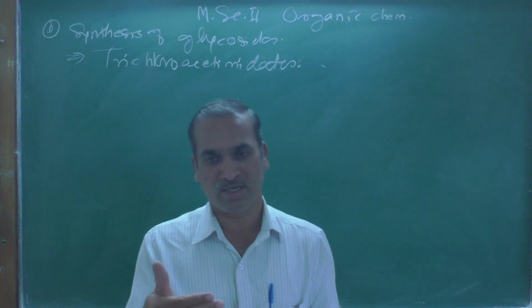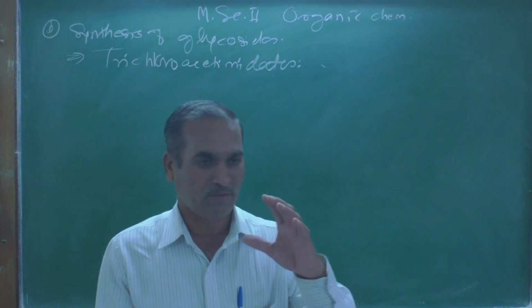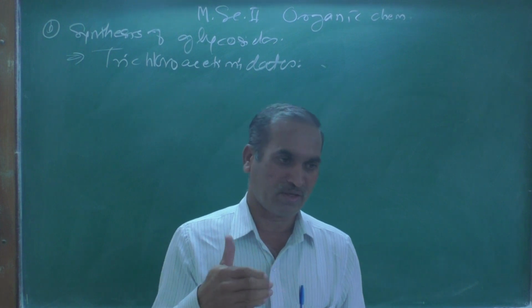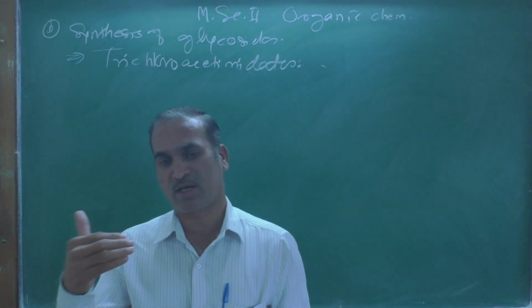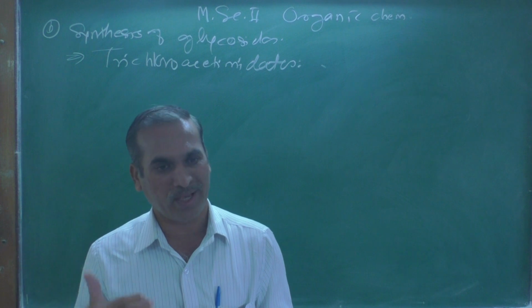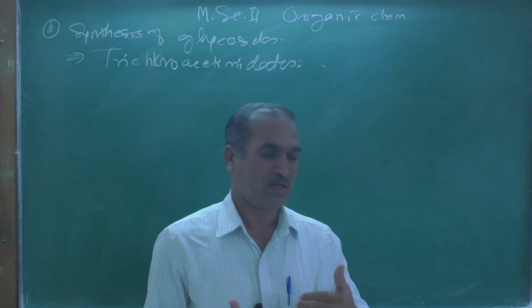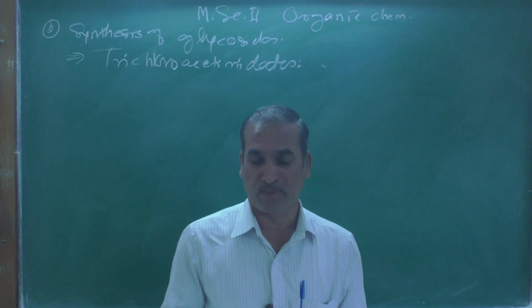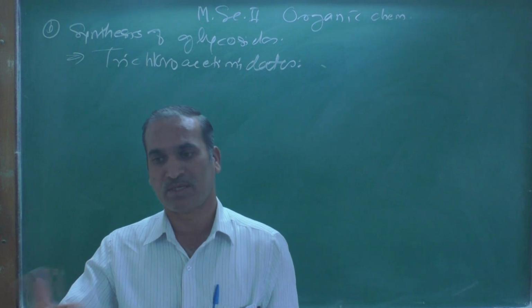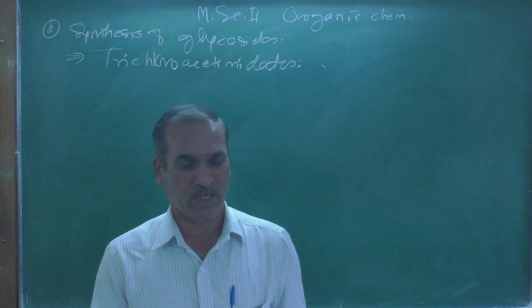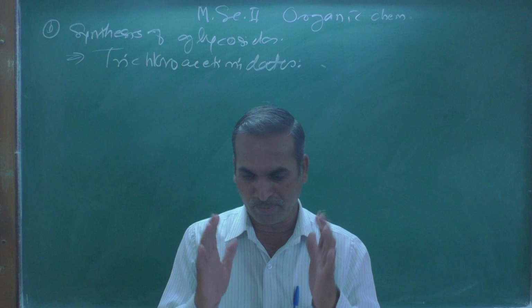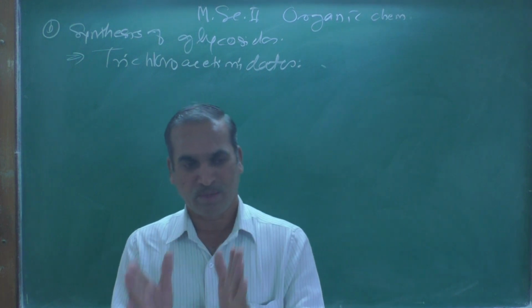As we know, it is present in two forms, alpha and beta. Alpha means below the plane, and beta means the anomeric hydroxyl group is above the plane. You have to remember that here.